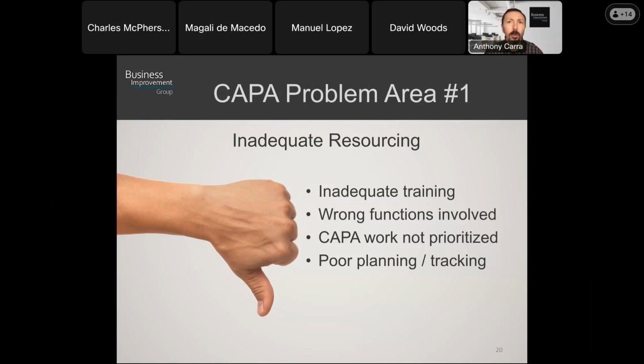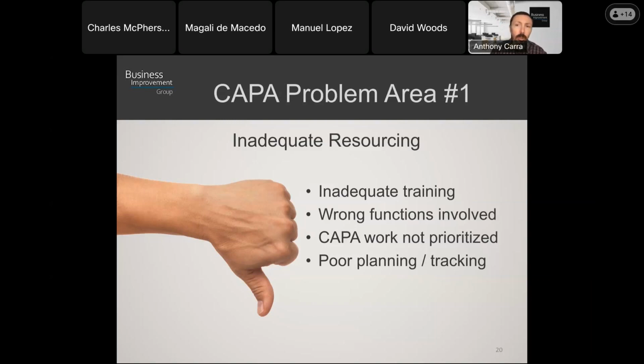We talked a little bit before about giving people CAPAs who may not necessarily be fully versed in the tools needed to investigate that CAPA. So provide training. Make sure that the skills that are required in that CAPA are available to the CAPA team.